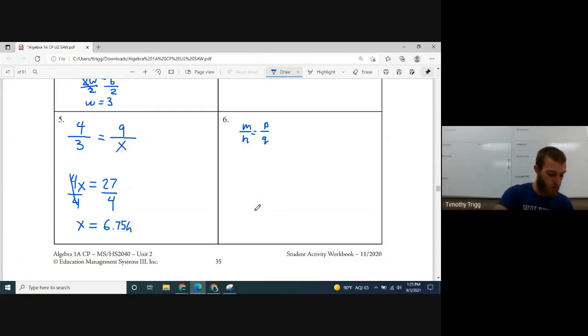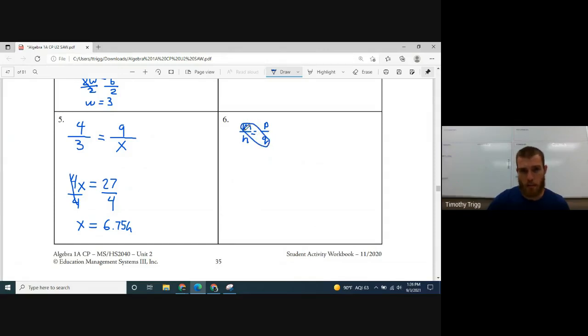So you may have to look at some vocabulary here. Let's see. What does the extremes mean? Well, for question 6, we'll just do the cross product here.